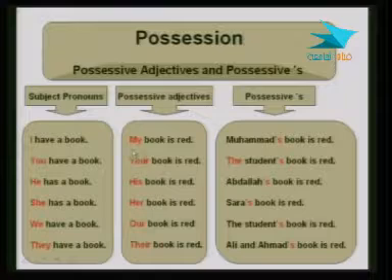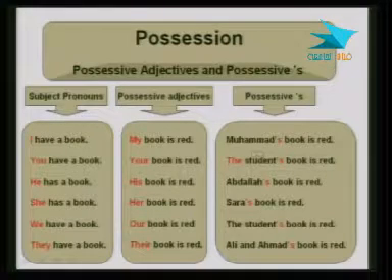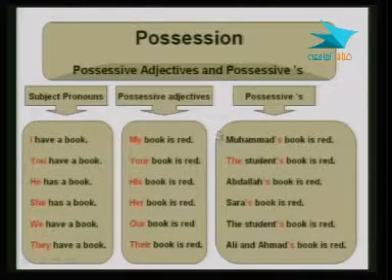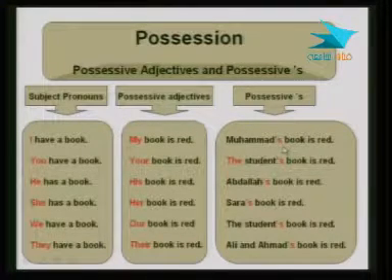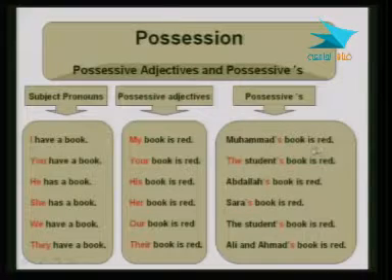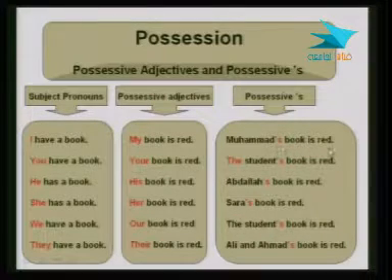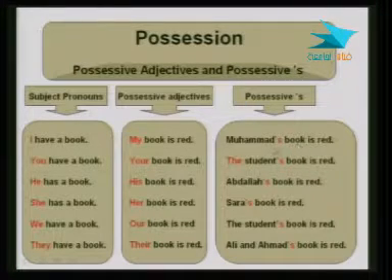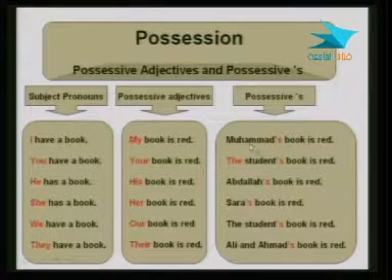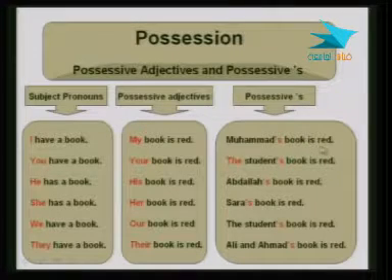So I have a book, my book is red. And here notice we can say, instead of saying the book of Muhammad is red, we say Muhammad's book is red. All right, Muhammad's book is red. That means this book belongs to Muhammad and it is red.